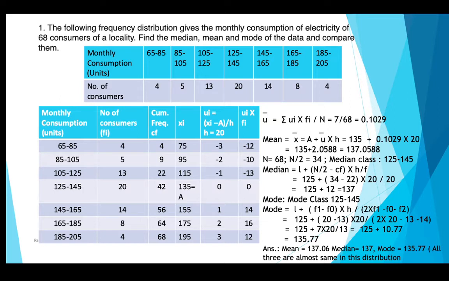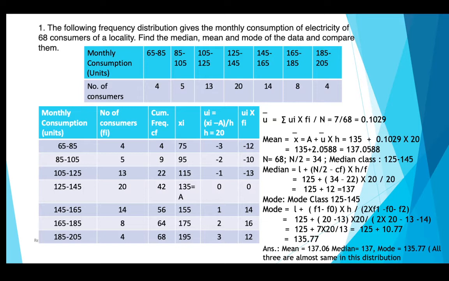And 64 plus 4 is equal to 68. So 68 is the total number of consumers, and this should match with what is given as the total, 68 consumers. Otherwise, you need to recheck your cumulative frequency calculation.